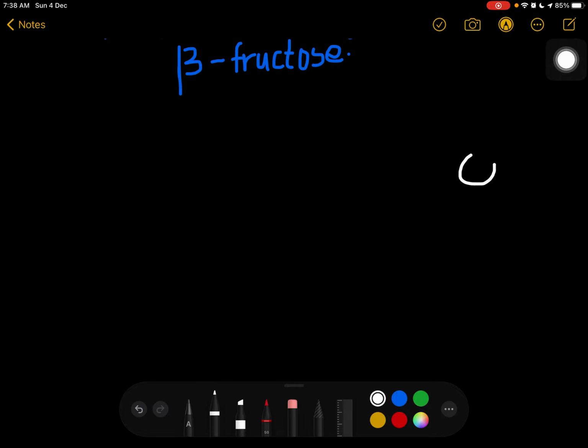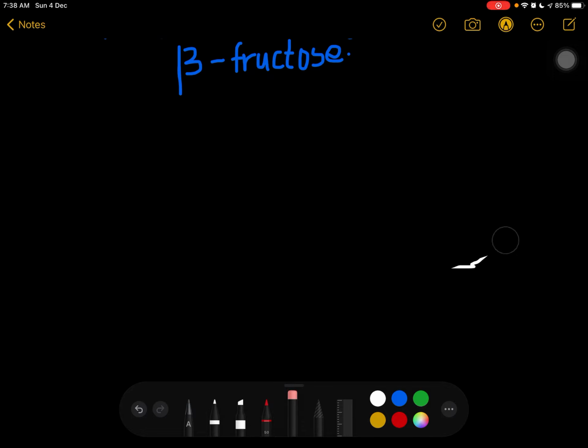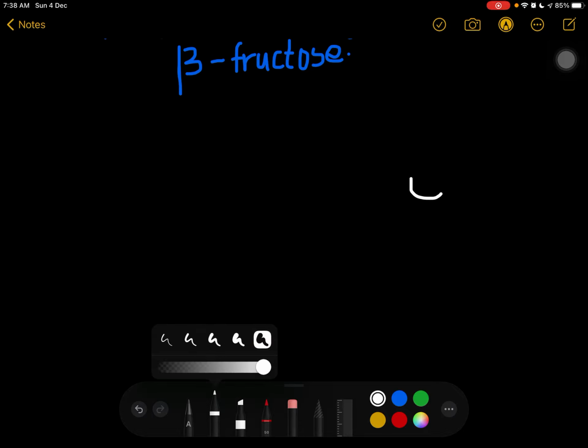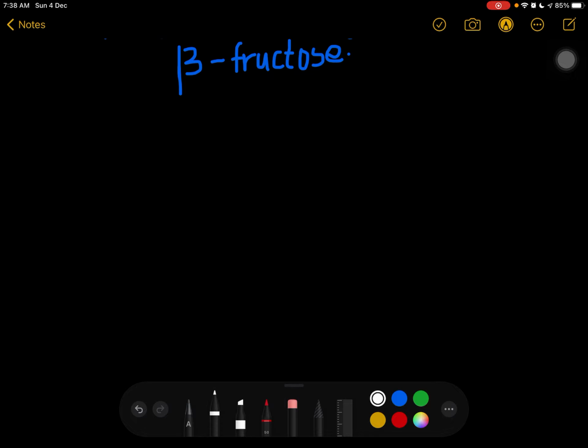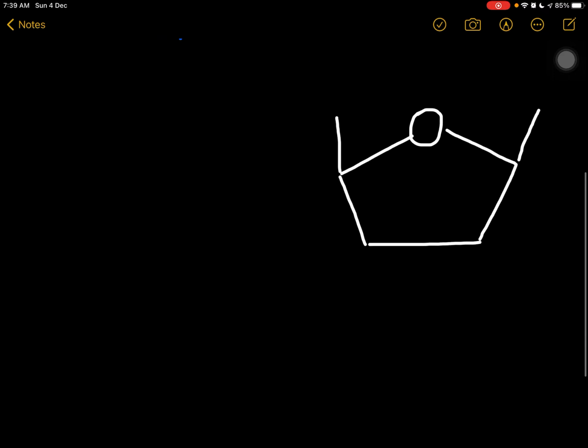So here, this is glucose. Let me draw the structure. Right, so this is the structure of fructose.